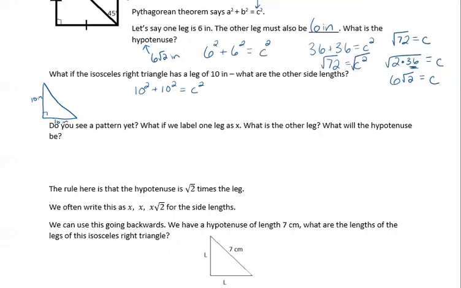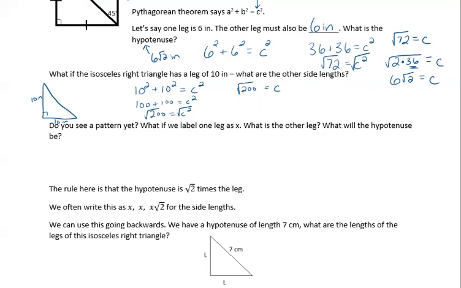Now we're going to have to do our exponents. So 100 plus 100 equals c squared. 200 equals c squared. Now we take the square root of both. And so we have the square root of 200 is equal to c.